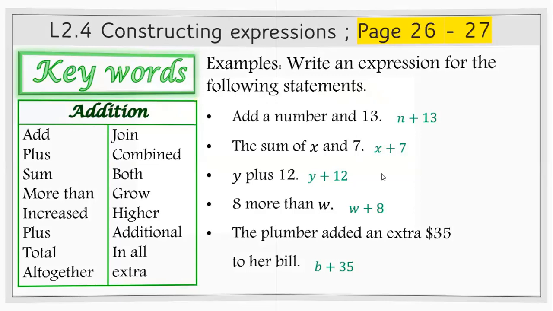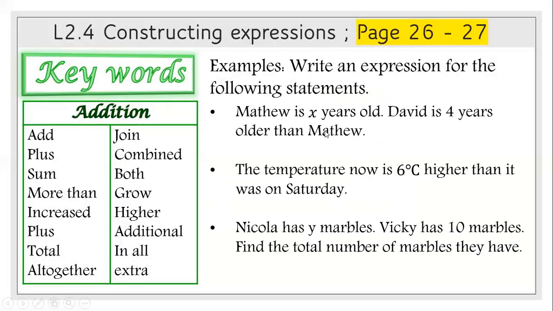This one. Matthew is X years old. Do you know how old is Matthew? No. Okay, so you're going to write X. David is 4 years older. When I say older, will you add to Matthew's age? Or will you subtract?